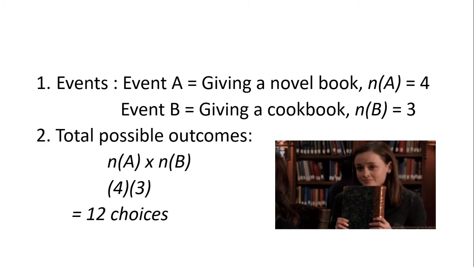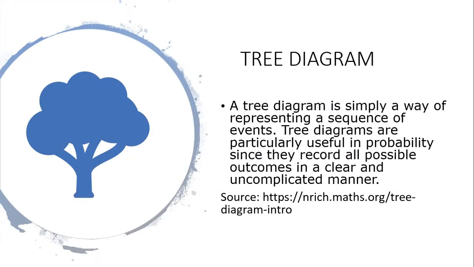To verify our answer, we can use a tree diagram to list all the possible choices of books to be given. A tree diagram is simply a way of representing a sequence of events. Tree diagrams are particularly useful in probability since they record all possible outcomes in a clear and uncomplicated manner.